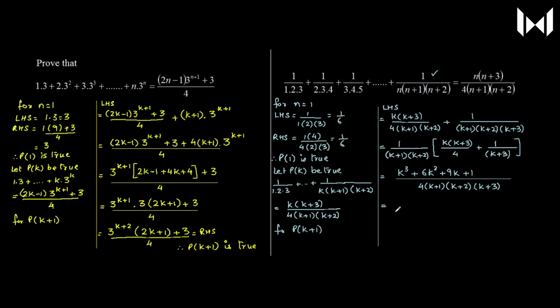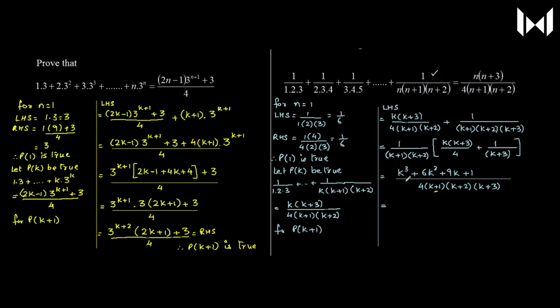Now if you simplify, we would like to factor the numerator, and in order to factorize the numerator, we must look at the right hand side. Now see, in the right hand side, if I put n equal to k plus 1, this becomes k plus 1 into k plus 4, and in the denominator we must have k plus 2 and k plus 3. So we have an additional k plus 1 over here. That means the numerator must have k plus 1 as a factor.